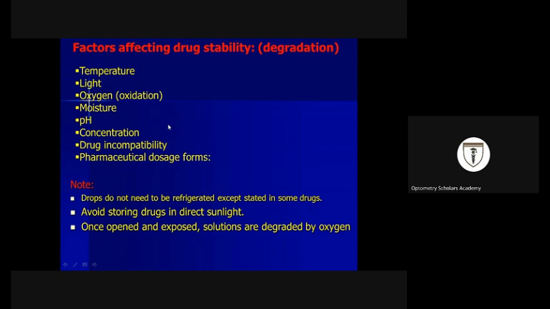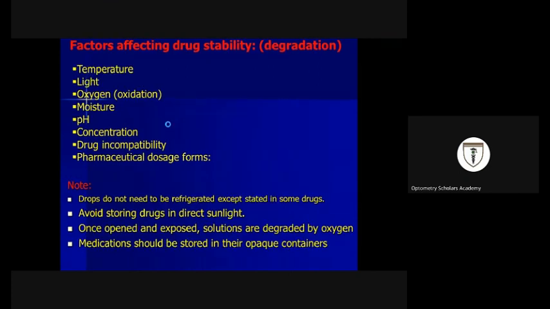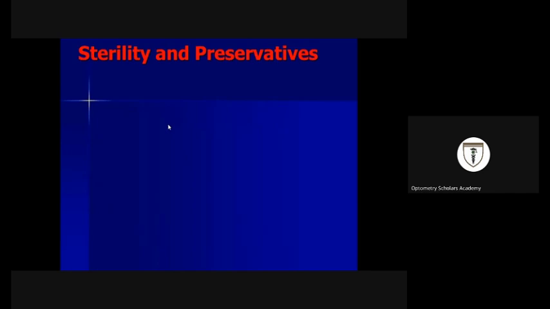Avoid storing drugs in direct sunlight because sunlight can affect most drugs. Once opened and exposed, solutions are degraded by oxygen. Medication should be stored in their opaque containers. So do not transfer drugs from one container to another. There's a reason for that container.